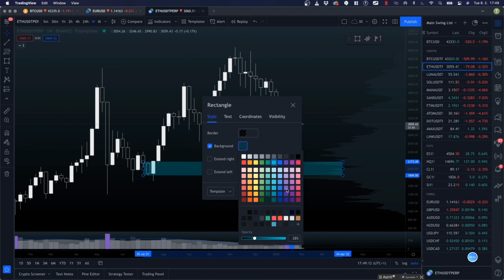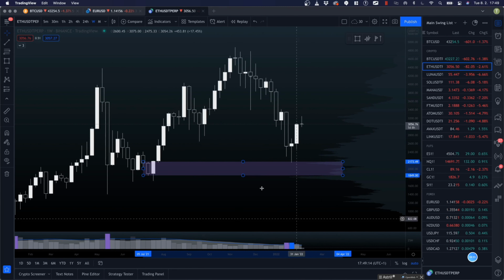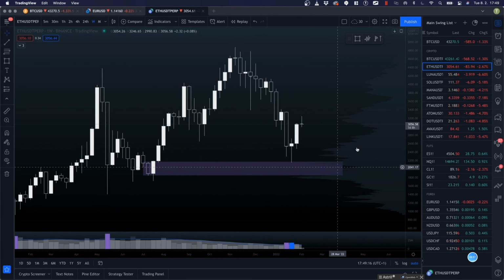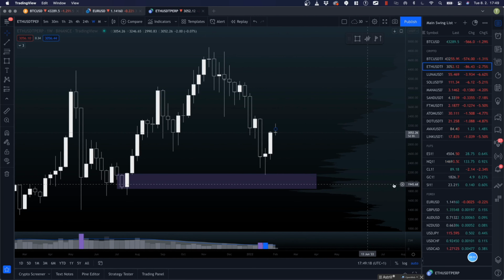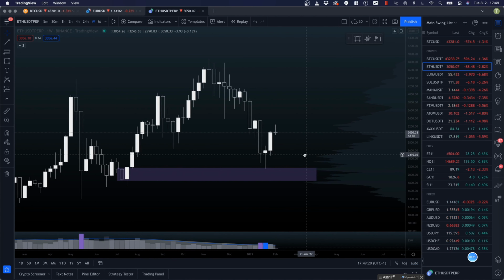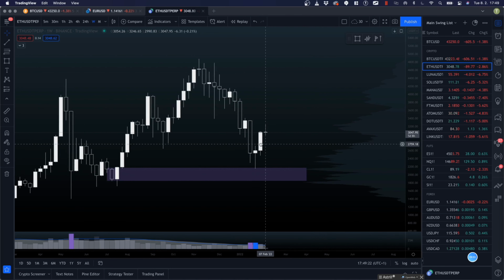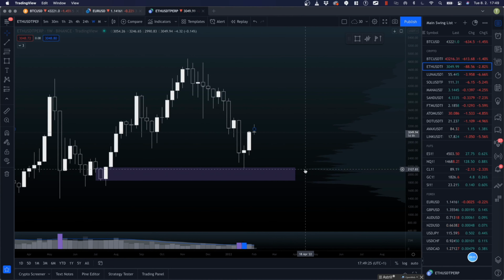I use a purple level, and you can also see on a composite profile you are hitting this POC, which you cannot really see well. It's here. So you are hitting the POC of this composite structure, so it's a decent level, the top of this candle basically.